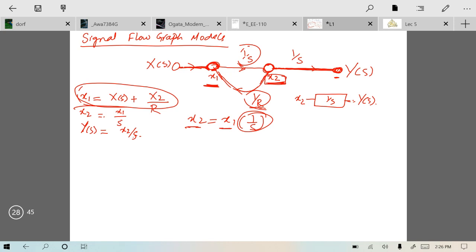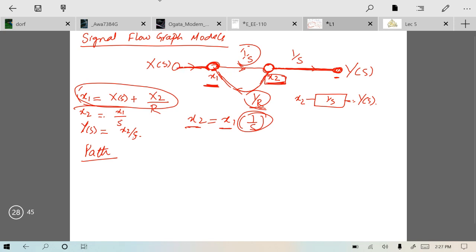Now next thing is path. What is a path? A path is a branch or continuous sequence of branches between two nodes. We can ask if there is any path between x of s and y of s, and you would say yes, there is a path.